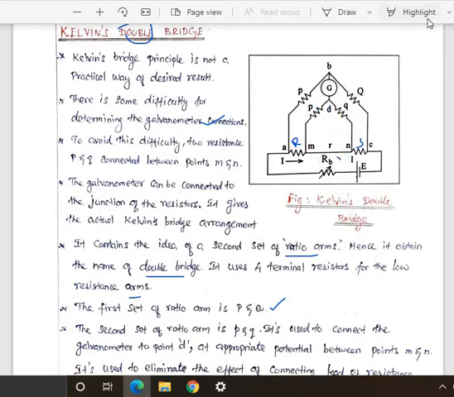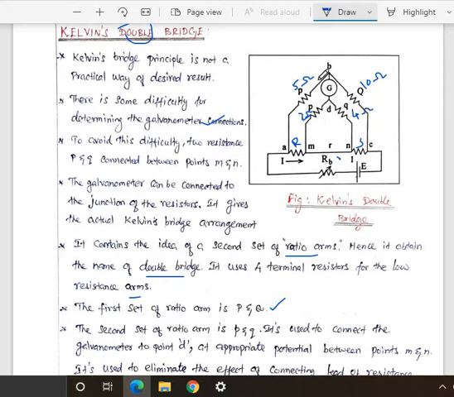For example, here capital P is 5 ohm, so Q is 10 ohm, and here small p is 2 ohm, and small q is 4 ohm.